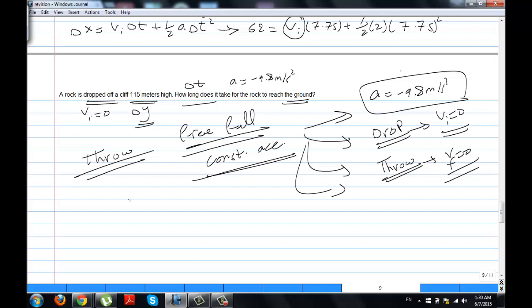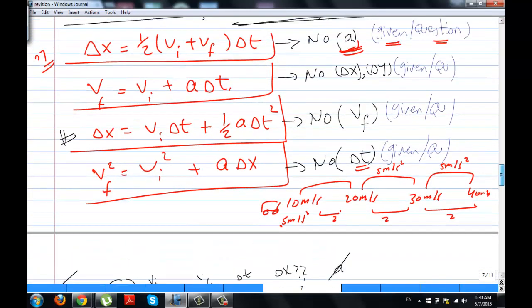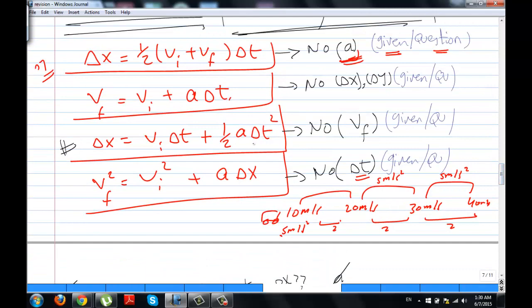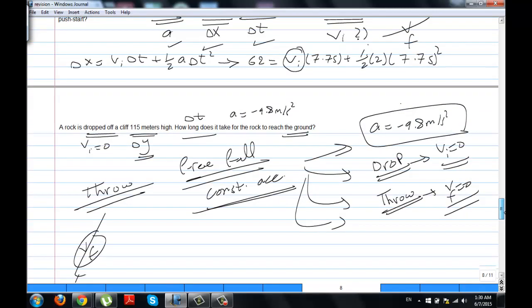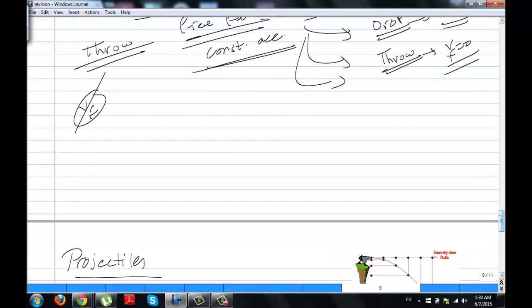What is not mentioned here is vf, so I'm going to use the equation that has no vf, which is the third one. So I can say that delta y is equal to vi delta t plus half 9.8 delta t square.